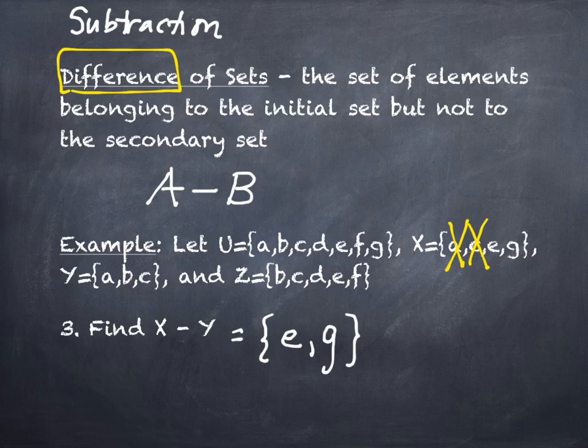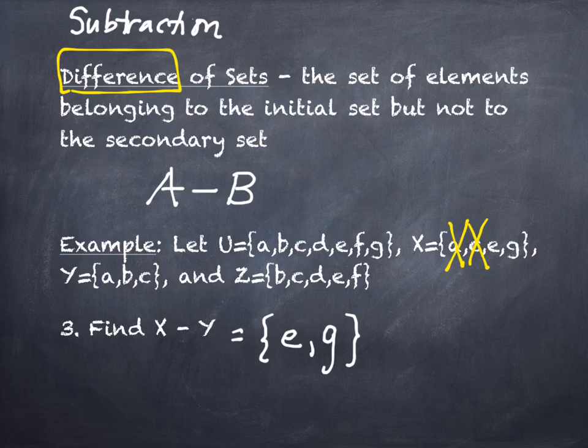Yes, Leah? Isn't B in the set? Yeah, it is. That's what I just said when you were raising your hand. I was just addressing that this is not going to introduce extra elements that were over here. Go back to the description. This says this is a set of elements belonging to the initial set.